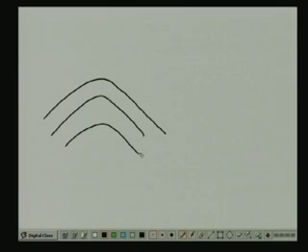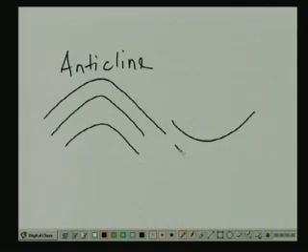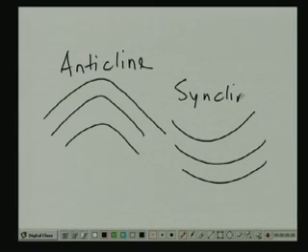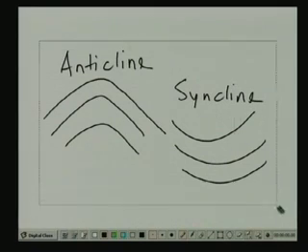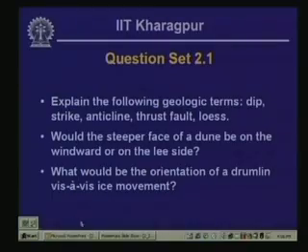Then by syncline and anticline, what we mean is, if you have a fold like this, then that one is called an anticline, and the reverse is a syncline. All right, getting back again, thrust fault.